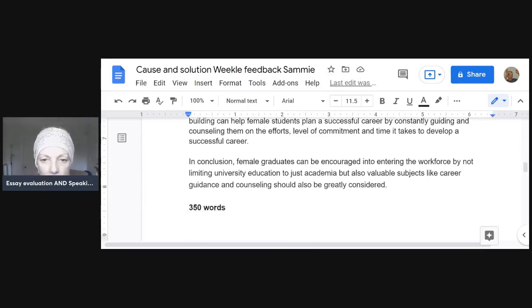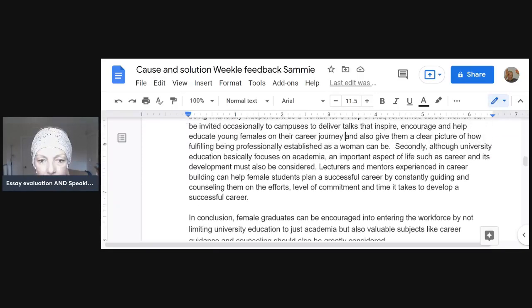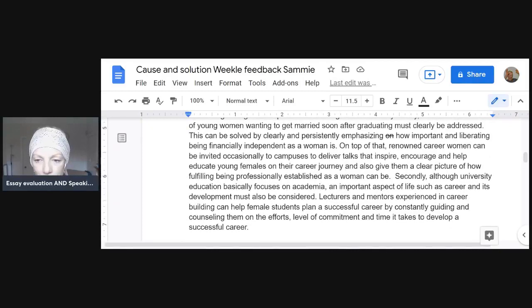In conclusion, female graduates can be encouraged into entering the workforce by not limiting university education to just academia, but also valuable subjects like career guidance and counseling should also be greatly considered. Lecturers and mentors.